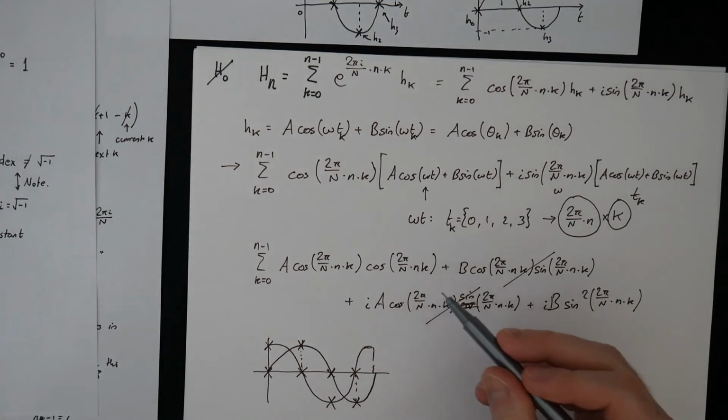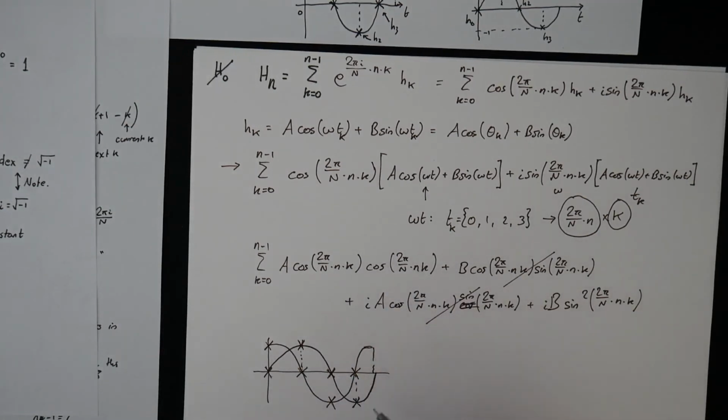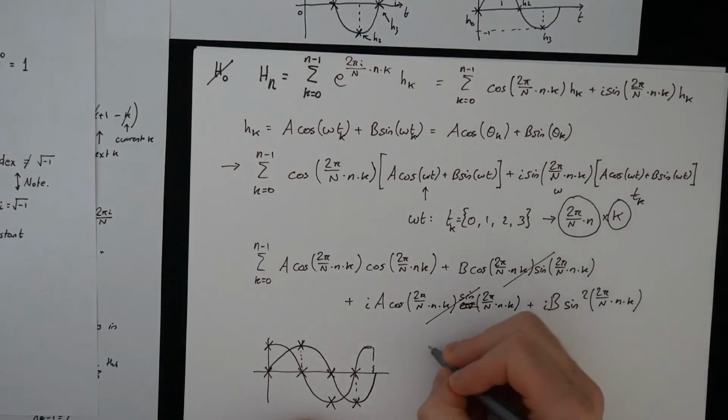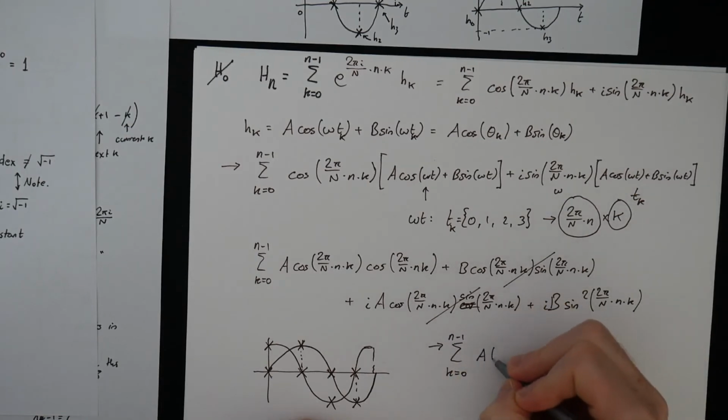Now, on the other hand, the cosine, let's imagine two cosines multiplied together. We would multiply 0 by 0, or 1 by 1, or 0 by 0, or minus 1 by minus 1. So for these parts, and the same for the sine square, we will always have a 1 or a 0.